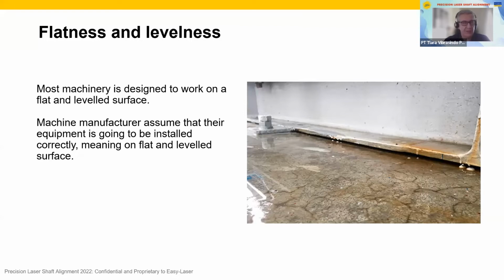But if there are issues related to the foundation those machines are standing on, then something went wrong in the first place. Every manufacturer of pumps, compressors, blowers, electrical motors, or gearboxes assumes that their equipment is going to be installed correctly. And this means on a flat, level surface. And they are also providing their tolerances for it.